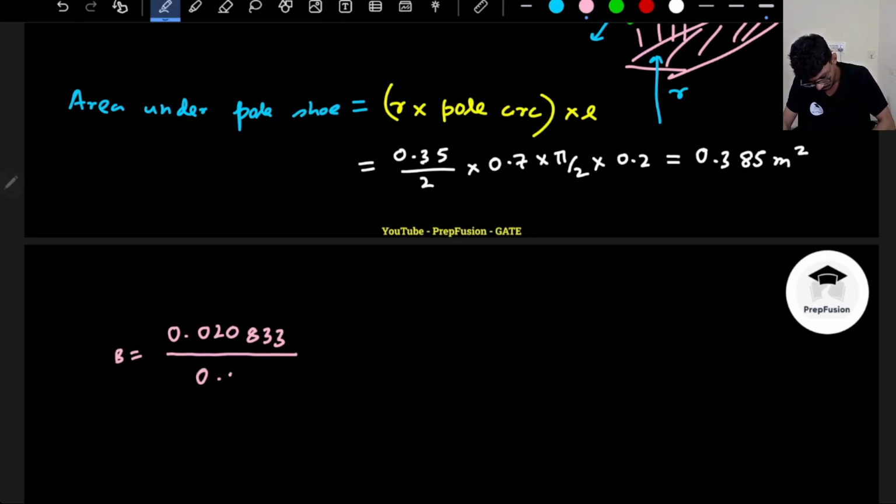Area is 0.385. Okay, so divide by 0.385, so this will be almost 0.01. Approximately 0.01 should be the answer.